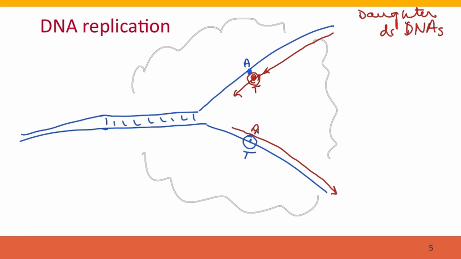So an A would be inserted here across from this T. The genetic information in each of these is identical to the information that was present when the two blue strands were originally paired with each other. Each daughter molecule consists of one new strand and one old strand, physically, but genetically, they are both identical to the original double-stranded DNA.